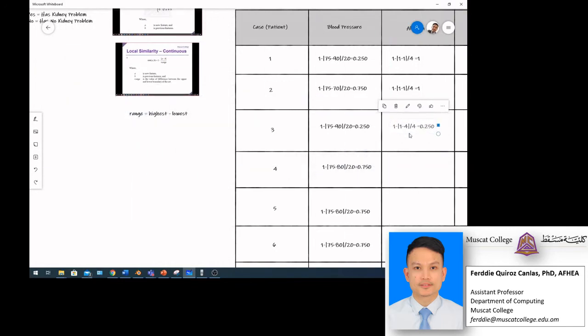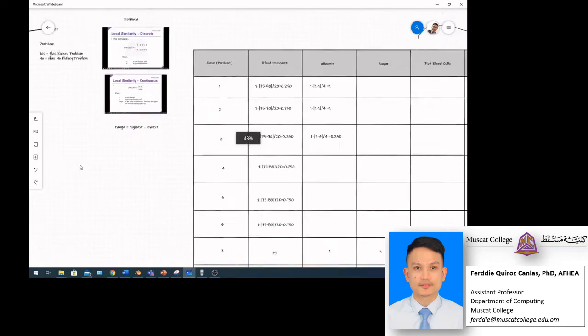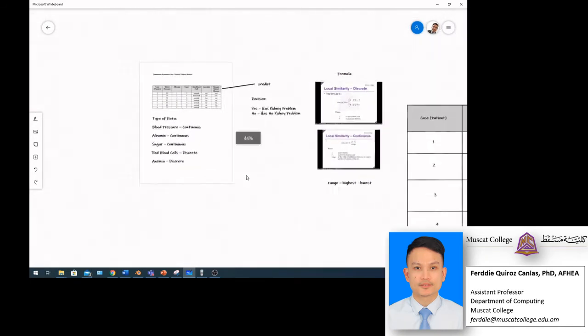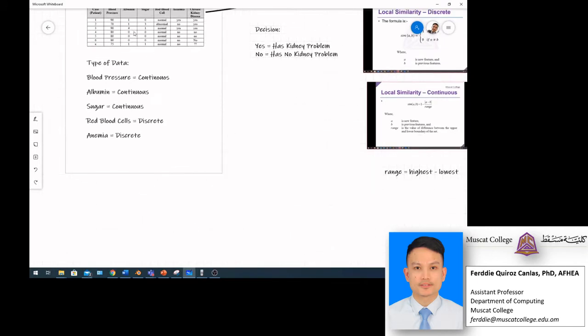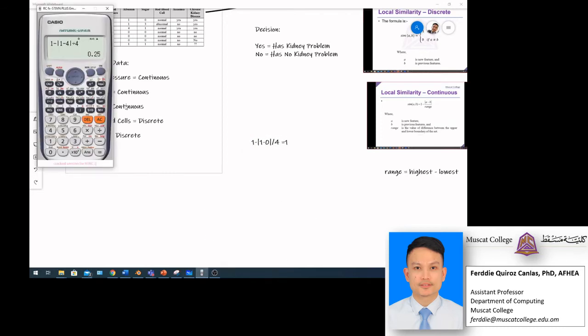So please check if this has the same case here, so that we just simply copy paste it. 4, right? 4, so nothing. So the next values will be 0, so just paste here, then replace this with 0. Okay, calculate it, replace 4 with 0, then press enter.